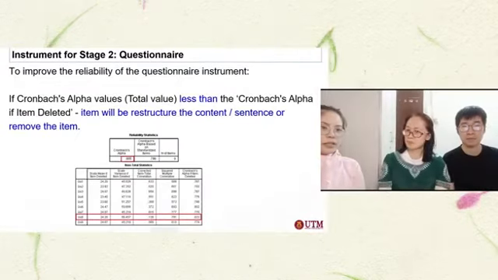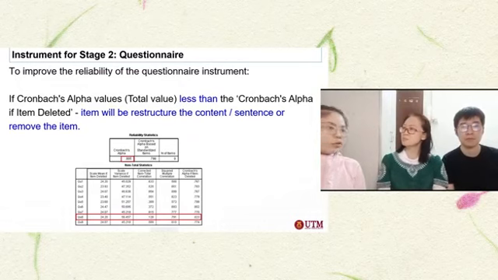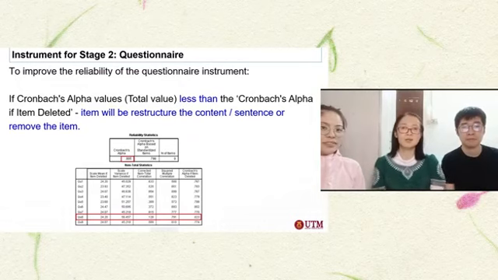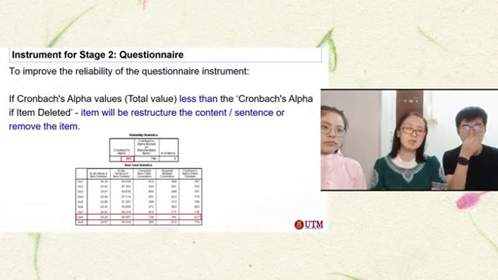How to determine the instrument reliability? To determine the instrument's reliability, according to Lenz and colleagues 2006, instrument reliability can be determined based on Cronbach's alpha values.